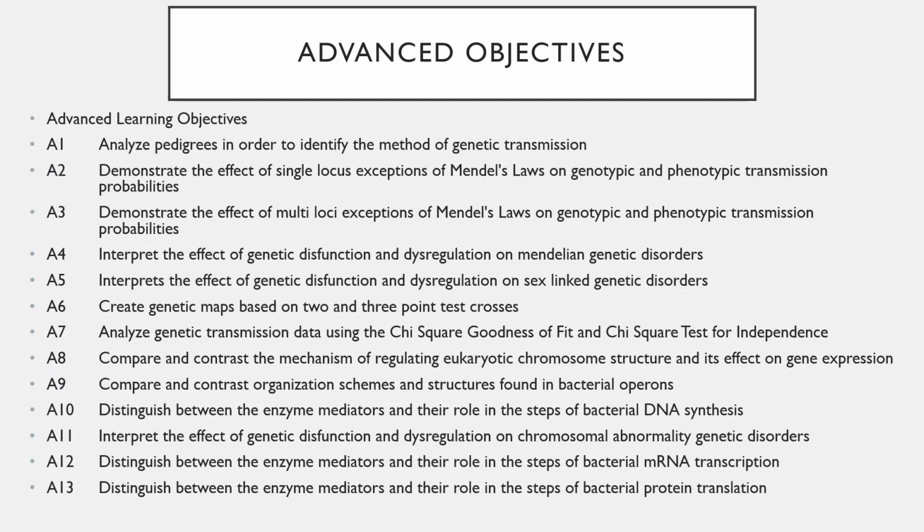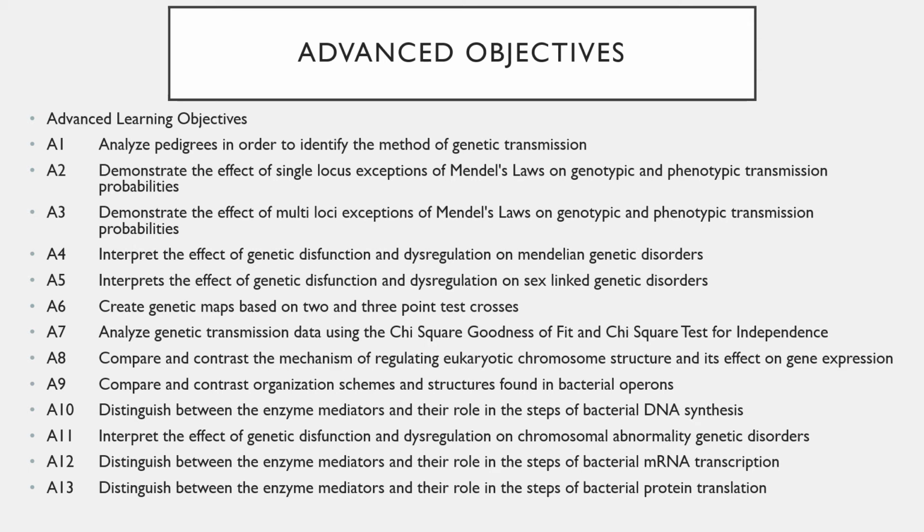Now, additionally, there are 13 advanced objectives, and these things typically apply or complicate the previous 8 fundamentals. And so a fundamental objective, for example, is demonstrating the effect of Mendel's first and second law on transmission. An advanced objective is taking that information within the context of family history and pedigrees to identify transmission.